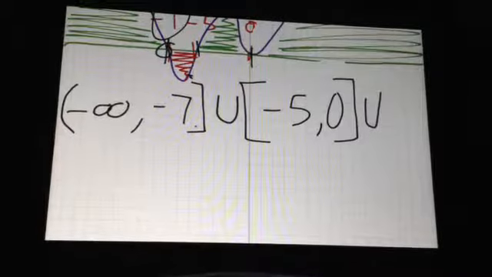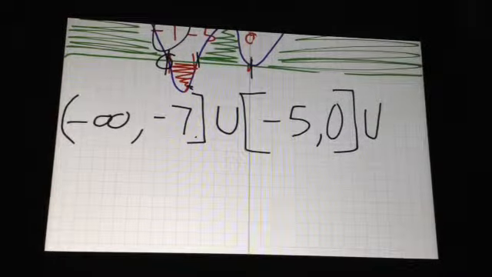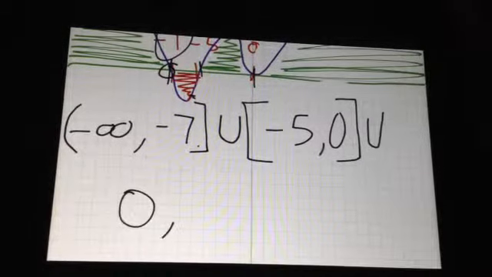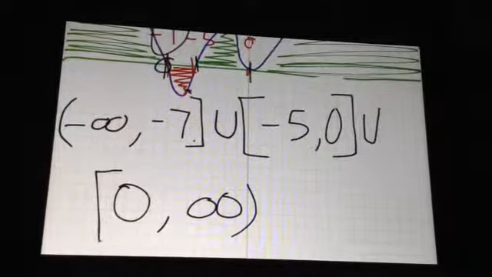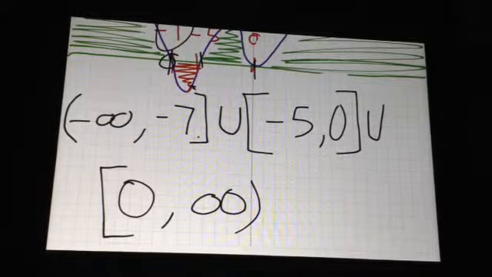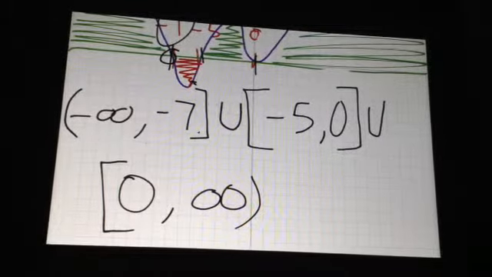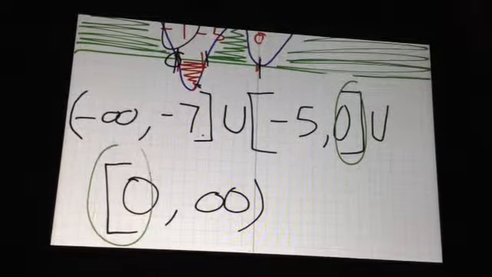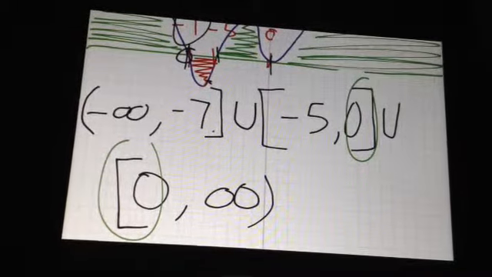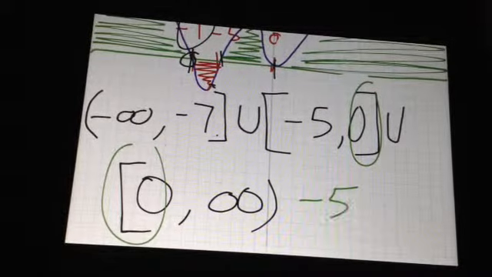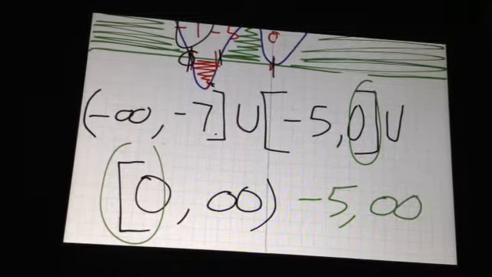I'm running out of room here. And the next one would end up being from 0 to positive infinity, including 0. See how we have an including 0 twice? We can just join these two together. So it ended up being negative 5 to infinity.